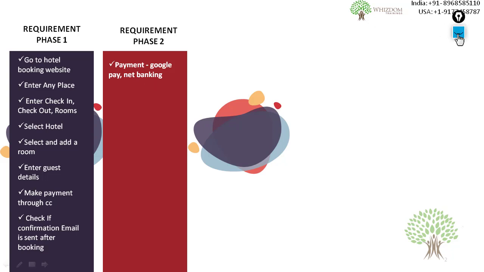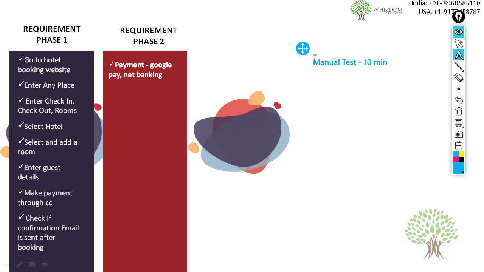Now you need to understand that if there is a manual test case, and a manual test takes maybe 10 minutes, you take 10 minutes to test a scenario manually. But if you want to make an automation script for the same, it will take you maybe 5 hours, maybe 10 hours.